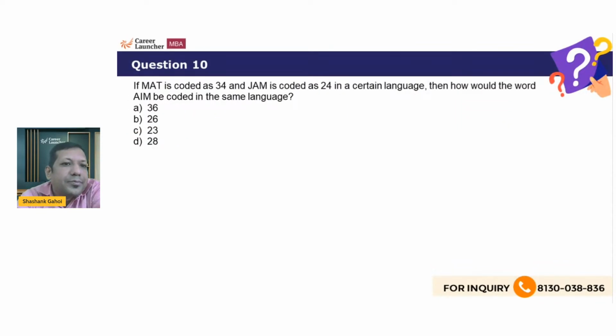This one, if MAT is coded as 34, JAM is coded as 24 in a certain language, then how would the word AIM be coded in the same language?